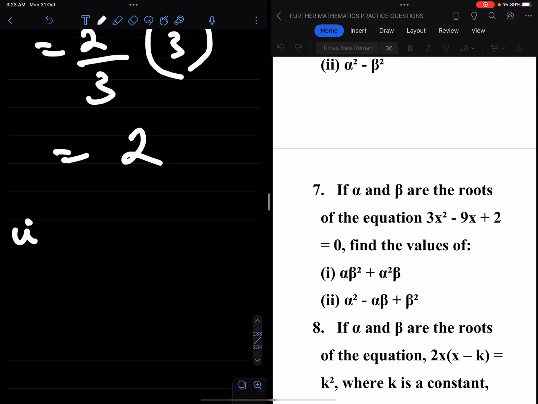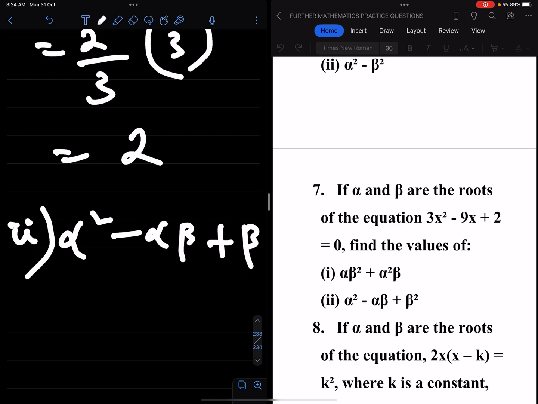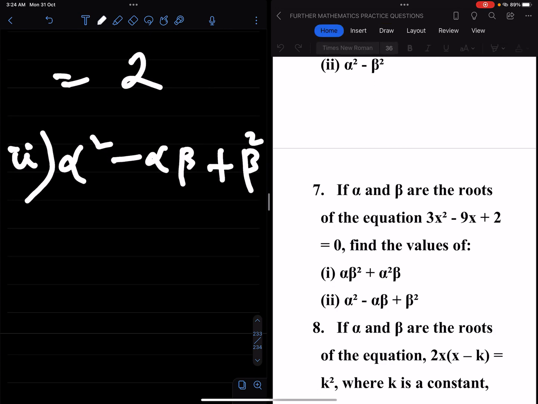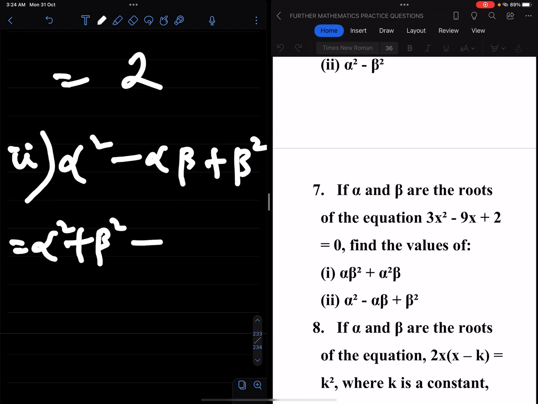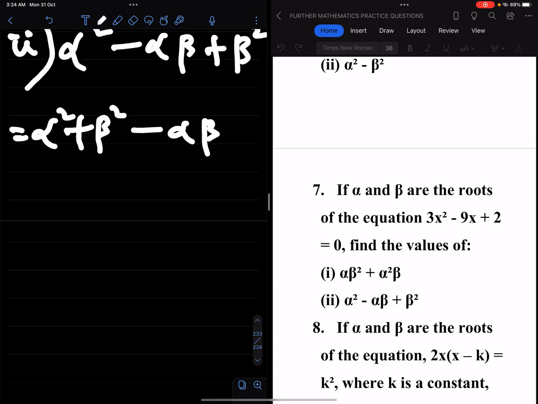Now to Roman figure 2, find the value of alpha squared minus alpha beta plus beta squared. This is the same as alpha squared plus beta squared minus alpha beta.